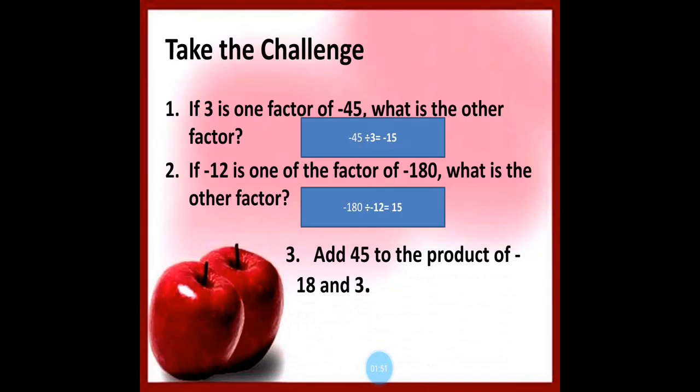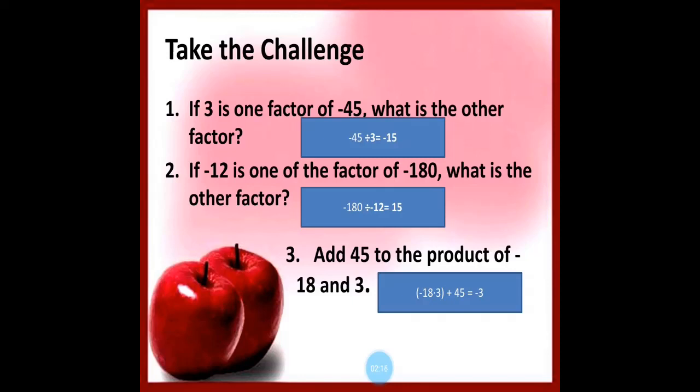And for the last one, we're going to add 45 to the product of negative 18 and 3. Therefore, we need to get first the product of negative 18 and 3, then add 45. So negative 18 times 3 is negative 54, plus 45.